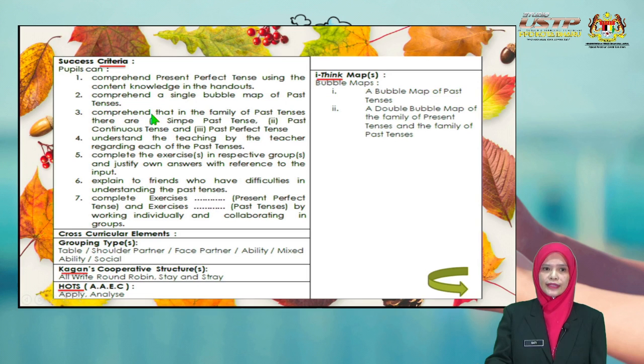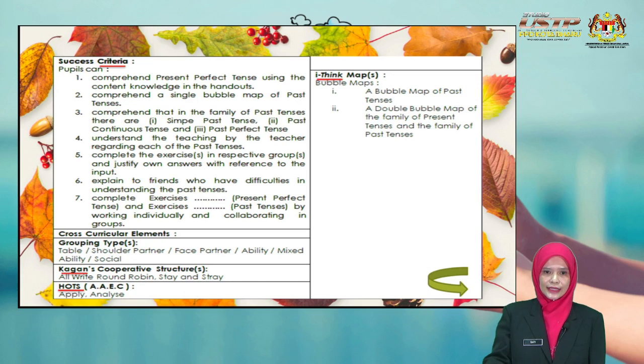Let's continue with the success criteria. Pupils can comprehend present perfect tense using the content knowledge in the handouts, comprehend a single bubble map of past tenses, and comprehend that in the family of past tenses, there are simple past tense, past continuous tense, and past perfect tense. Understand the teaching by the teacher regarding each of the past tenses.